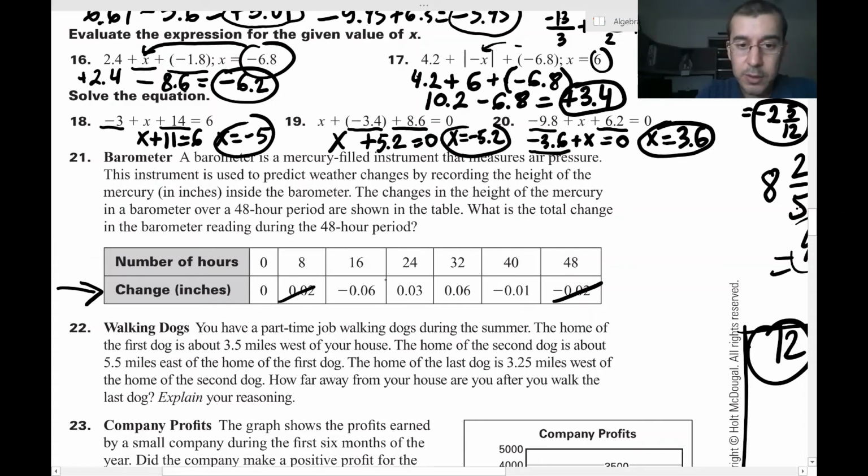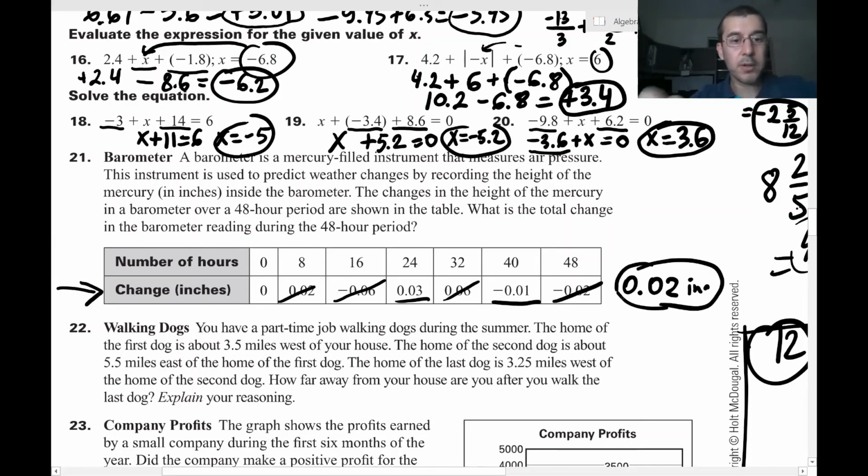Also this negative 0.06 and positive 0.06 cancel out, and this is already 0, and you just add up these two numbers. So it's 0.03 minus 0.01, or that is 0.02, and this is in inches. And that's the answer for 21.